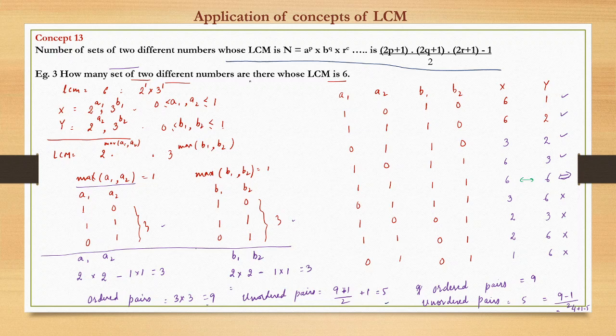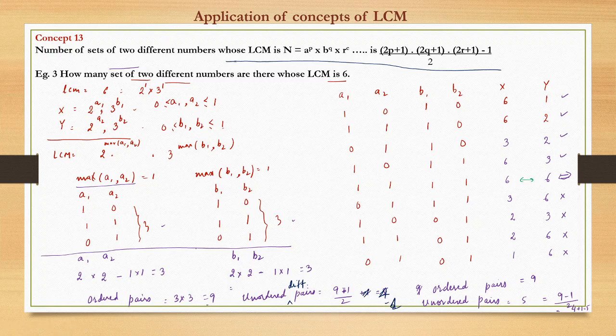So in that case the answer would be 4 here, right? Unordered different pairs. But if the question was just to find unordered pairs, then it would have been 5. But if the question is the number of unordered different pairs, different numbers, then that is 4.